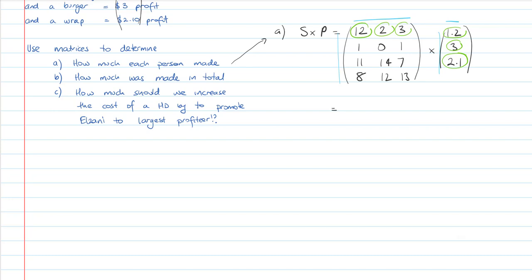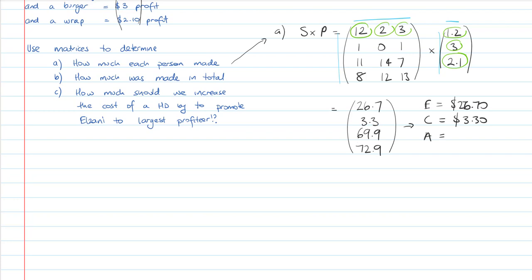But the result of that is 26.7, 3.3, 69.9 and 72.9, and that's my resultant matrix, which means that Alzani made $26.70 and Connor made $3.30 and Adam made $69.90 and Dylan made $72.90. So that's matrix multiplication to calculate the totals that each person made.